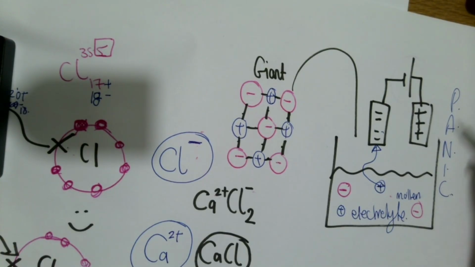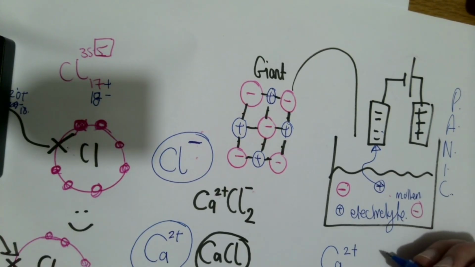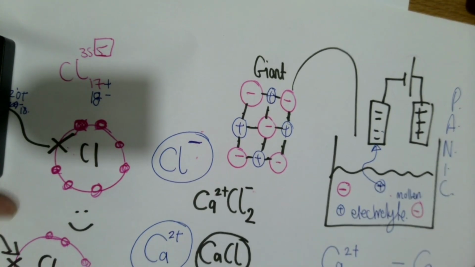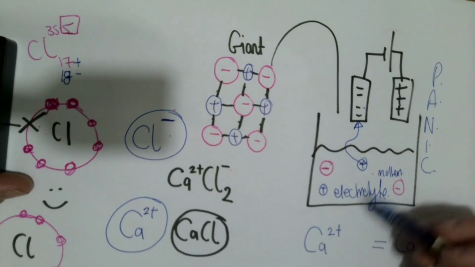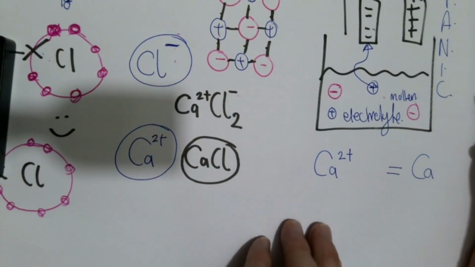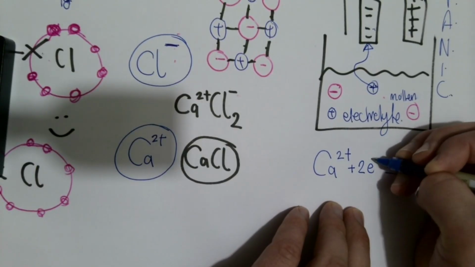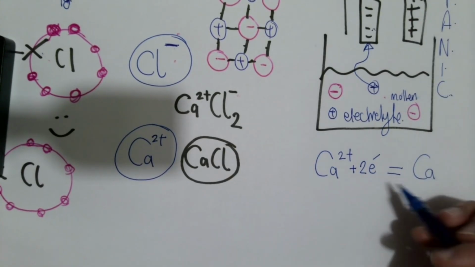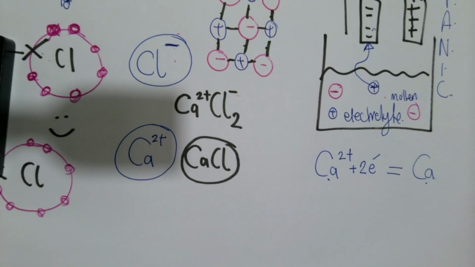So this is where the higher level gets a bit more tricky. We've got Ca2+, and what we want to do is turn it back into simply calcium, because it lost 2 electrons. So what we have to do is add 2 electrons, and they come from the cathode, turning the ion into a calcium atom.